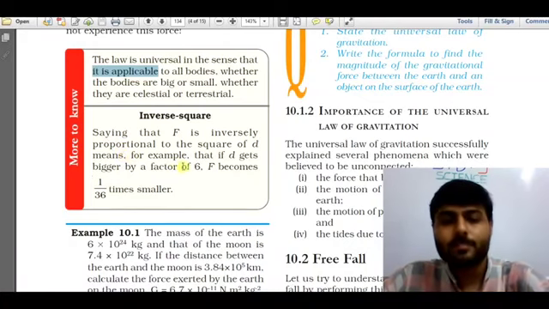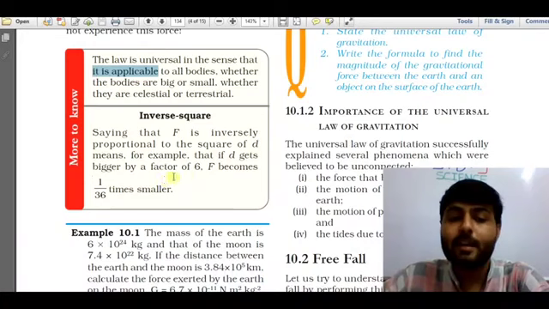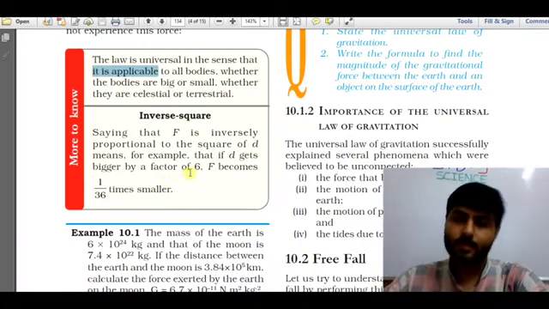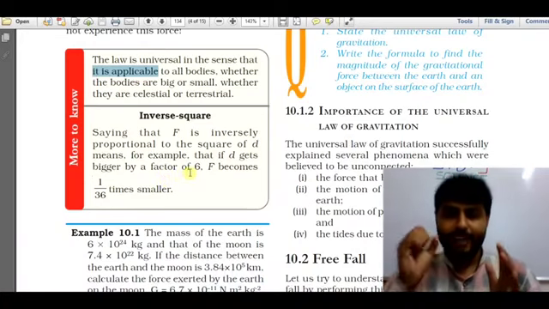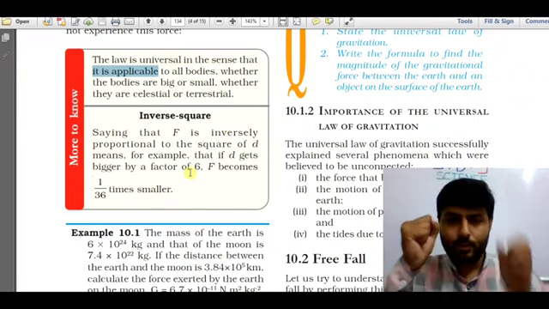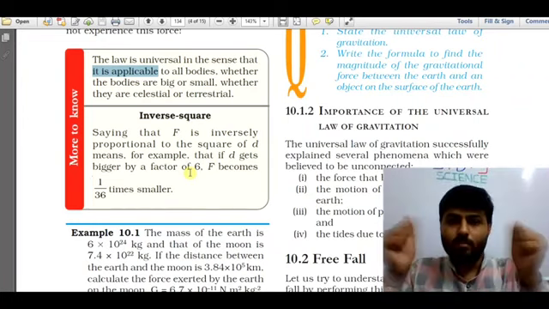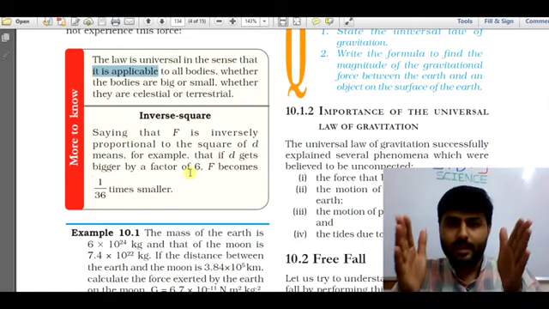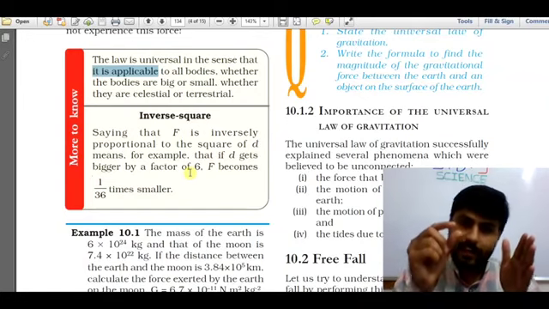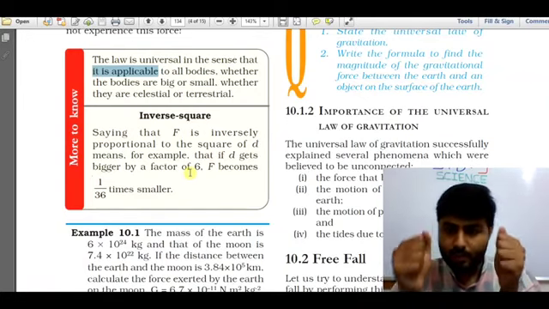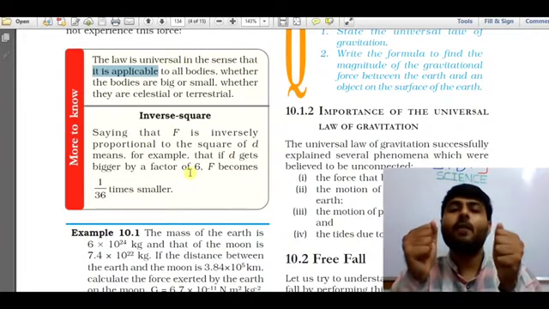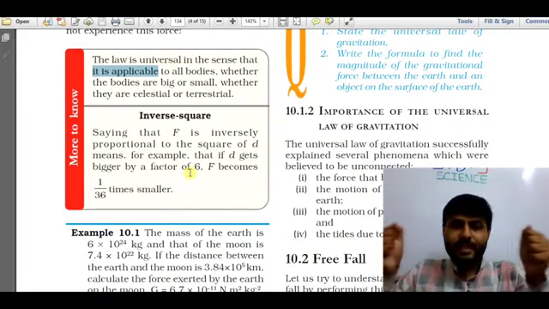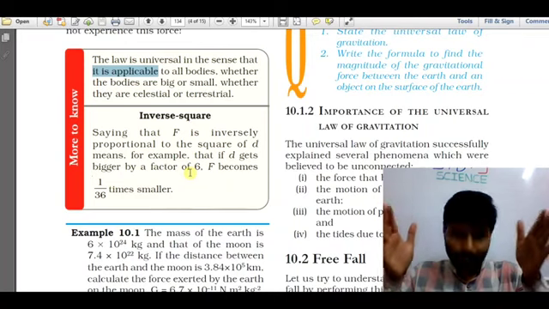For example, d gets bigger by a factor of 6, which means if at this time you and your friend are 1 meter from each other, there is a certain value of gravitational force between you and your friend. Now you are 6 meters away from each other.